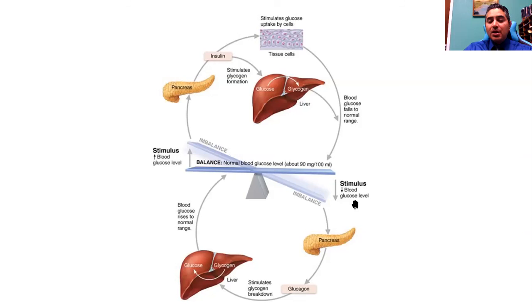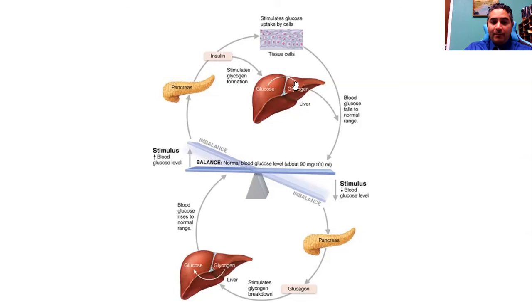All right, other end of the spectrum. Let's look at a stimulus: low blood glucose level. Again, looking to that pancreas to do something, buddy. Hey, what are you going to do? It's low. The opposite of insulin is glucagon. So at low blood levels, it's going to do the opposite of insulin.